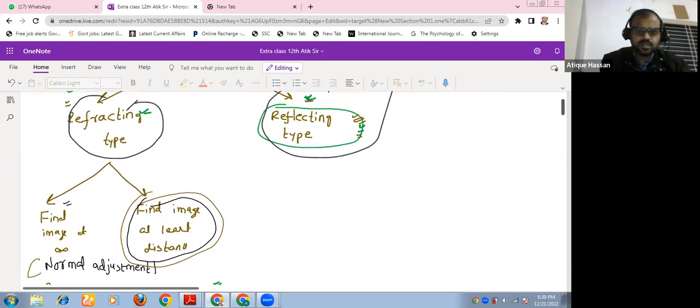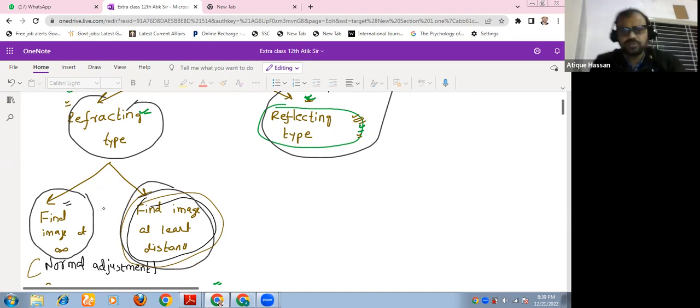Now start with the refracting telescope. As with the microscope, we had two cases there: when the final image was formed at infinity and when the final image was formed at the least distance of distinct vision.